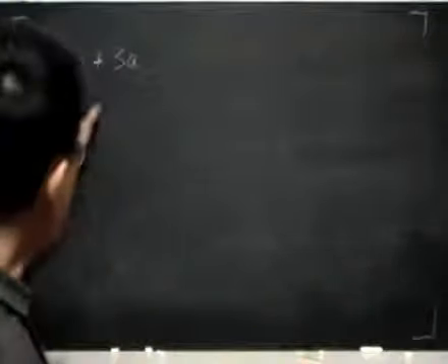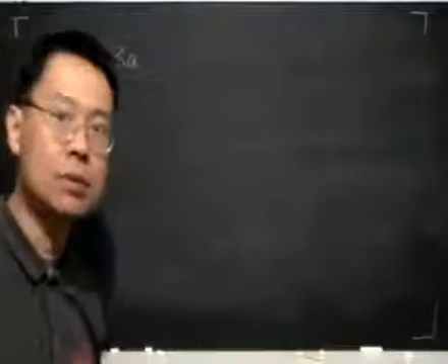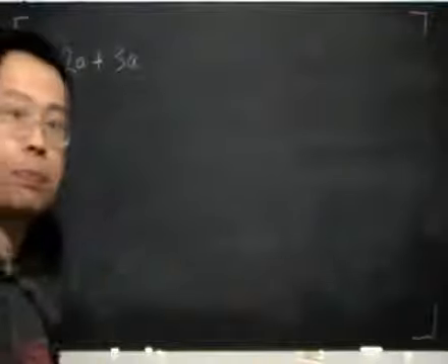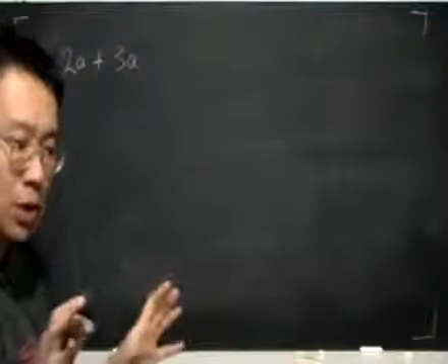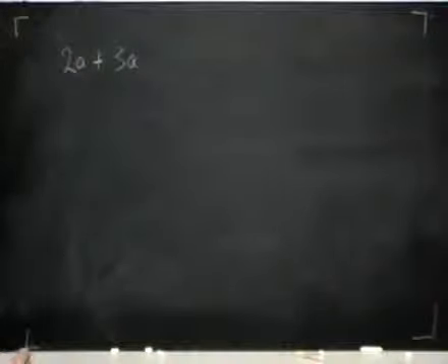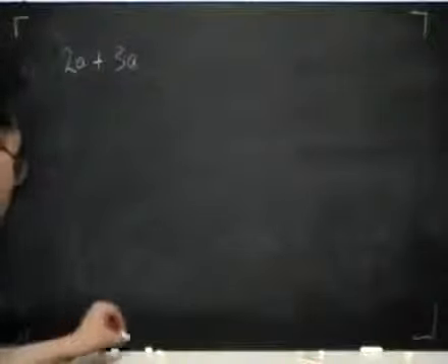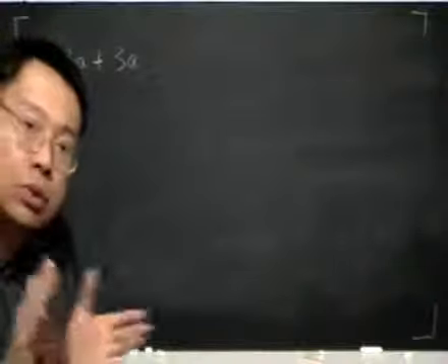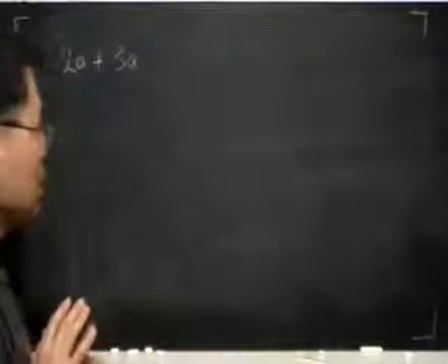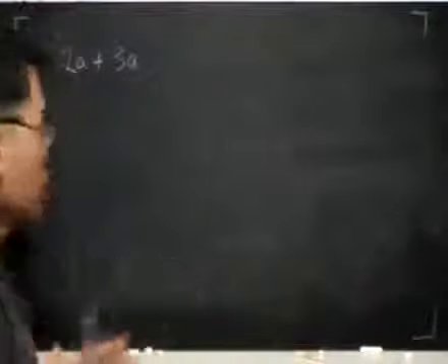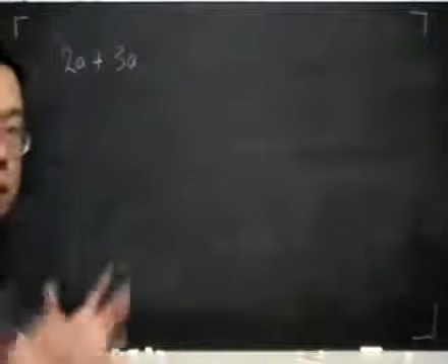When we add these two expressions together, we call each of these a term. So terms are the things that we add together in algebra. So 2a plus 3a is an expression in algebra, and we can try and simplify it.